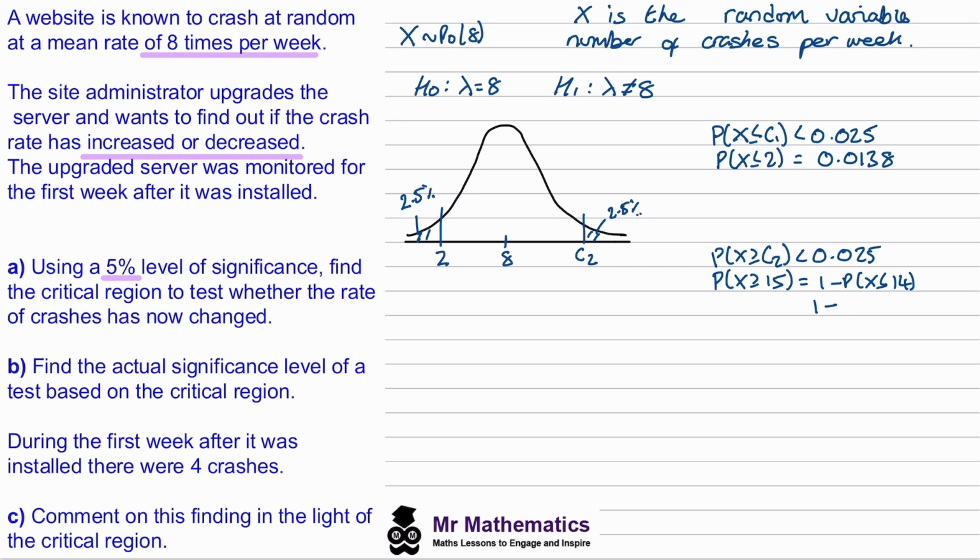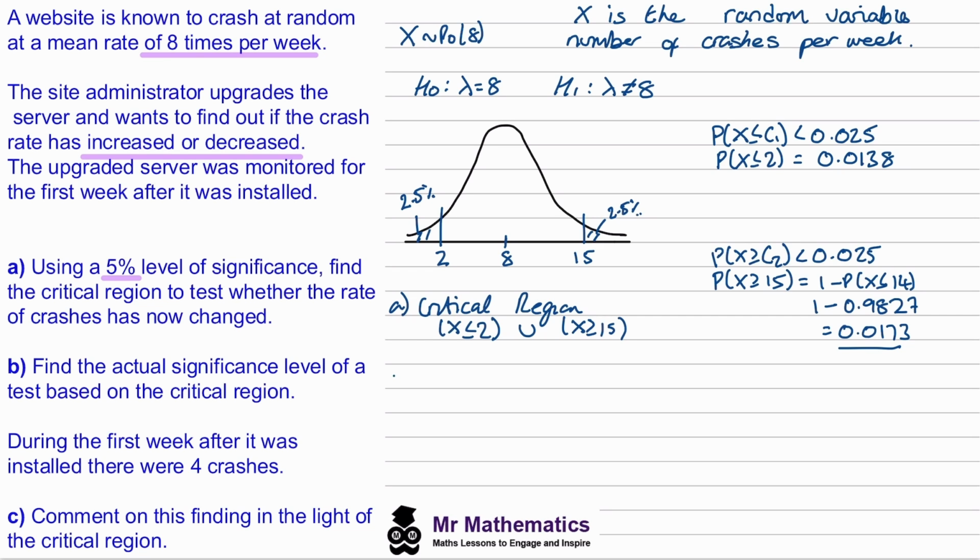So 1 minus the 0.9827, which gives us 0.0173. So I'll mark this critical region on the distribution. So for part A, the critical region is when X is less than or equal to 2 in union with X being greater than or equal to 15.